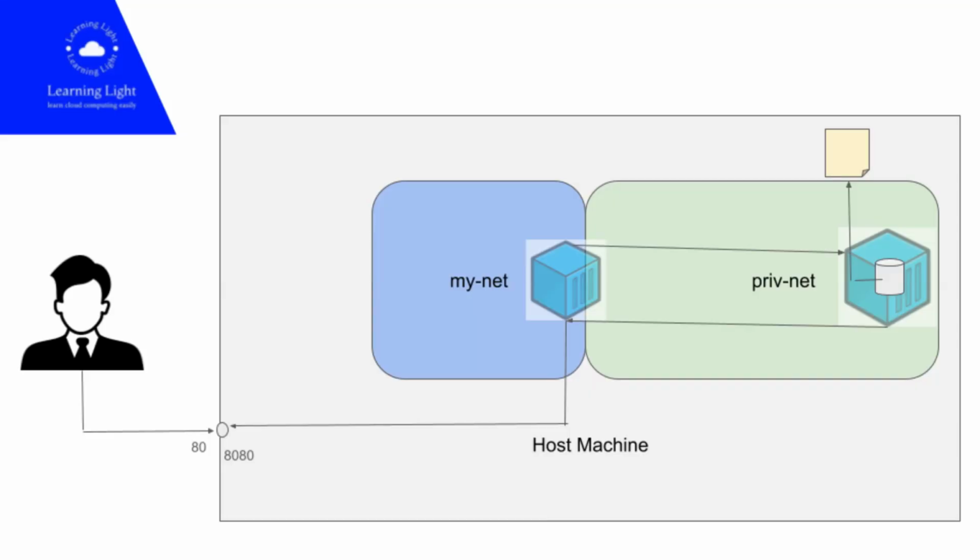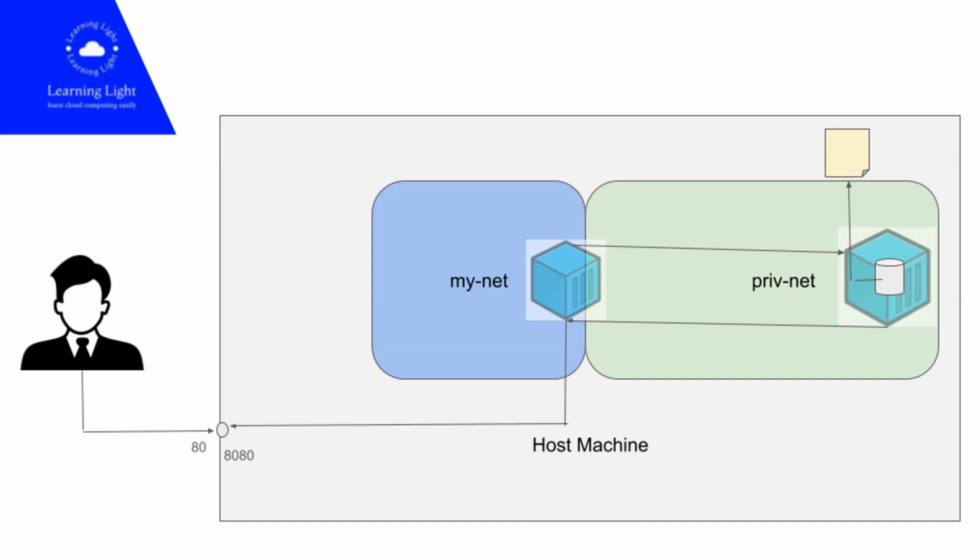You can see our main app will be in a network which is exposed to the external world. But the database itself is in a private network, whereas the main network is exposed to the external world.